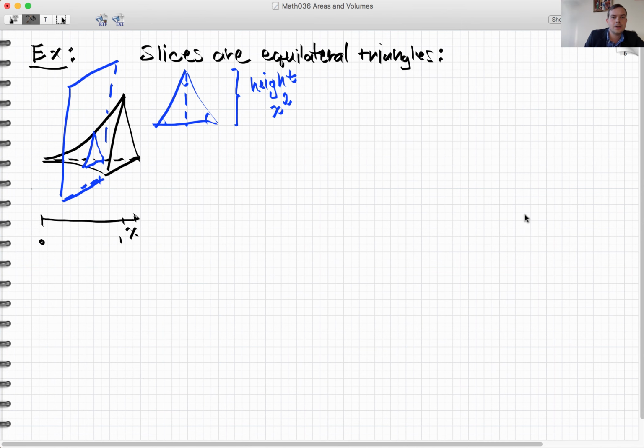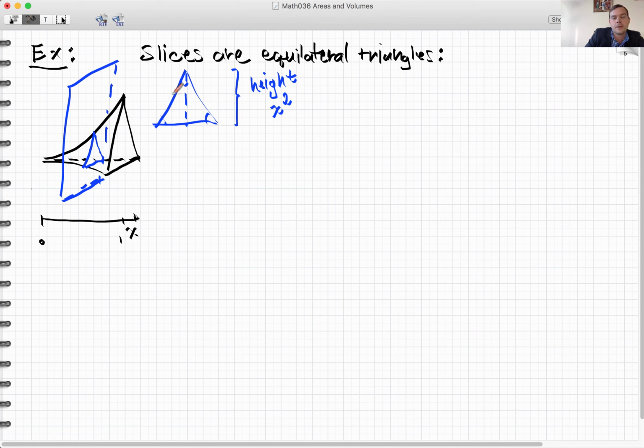So now let's do an example of figuring out the volume of one of these more complicated regions. The basic idea is that we're going to assume that the slices have some relatively easily computable area. In this instance, I've assumed that all the slices of my object are triangles, but the height of the triangle is x squared as I move from x equals 0 to x equals 1.